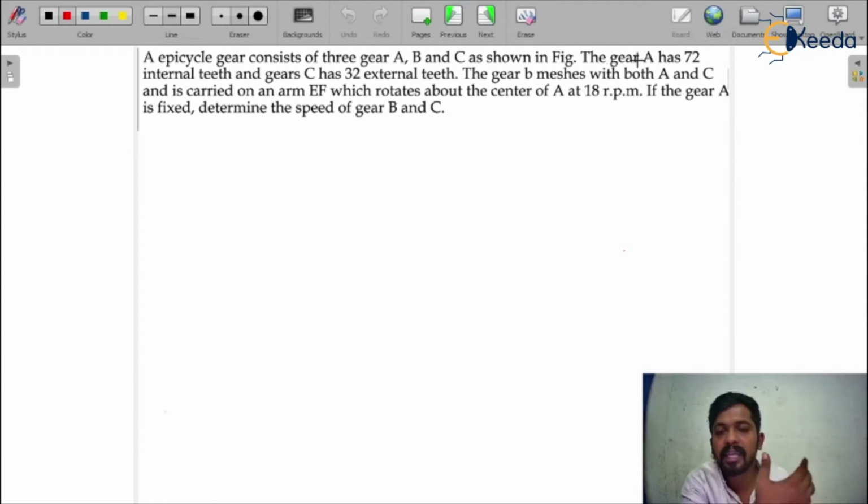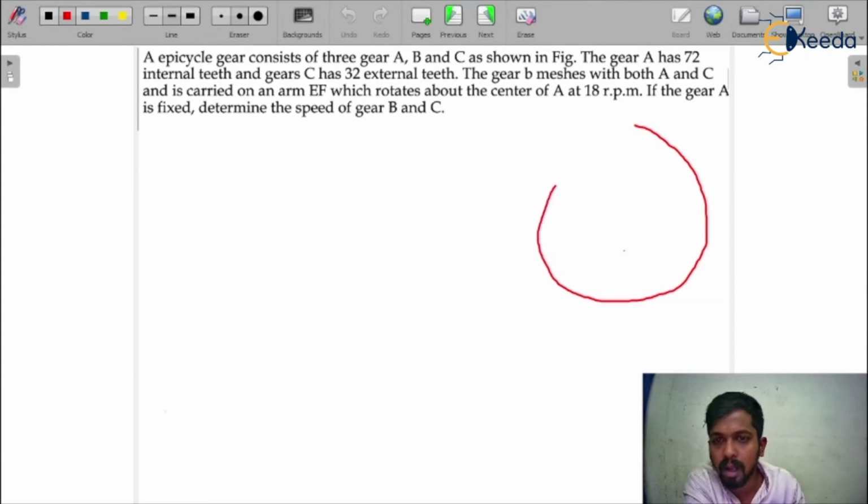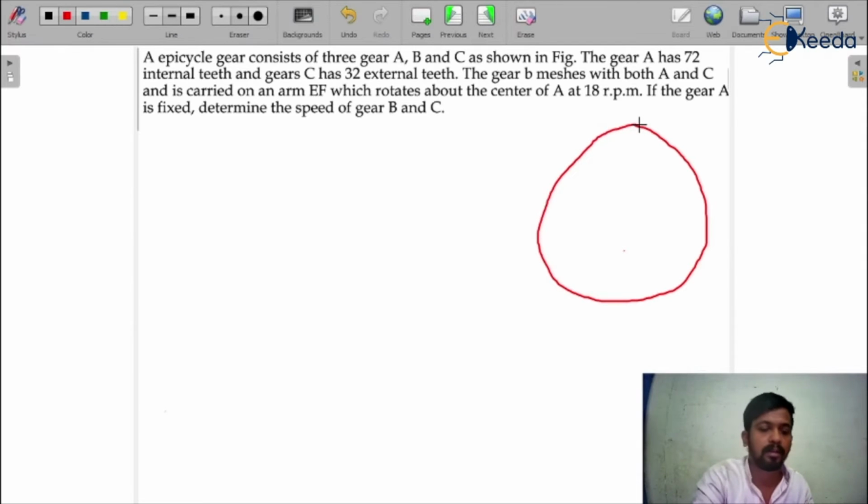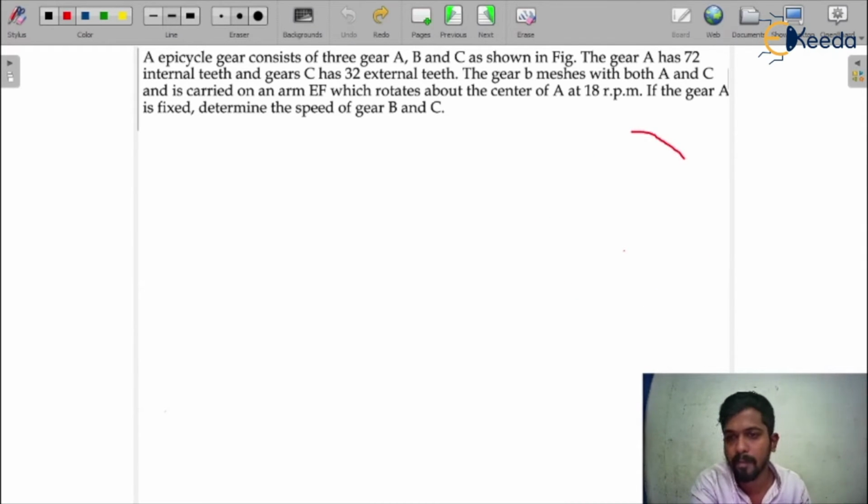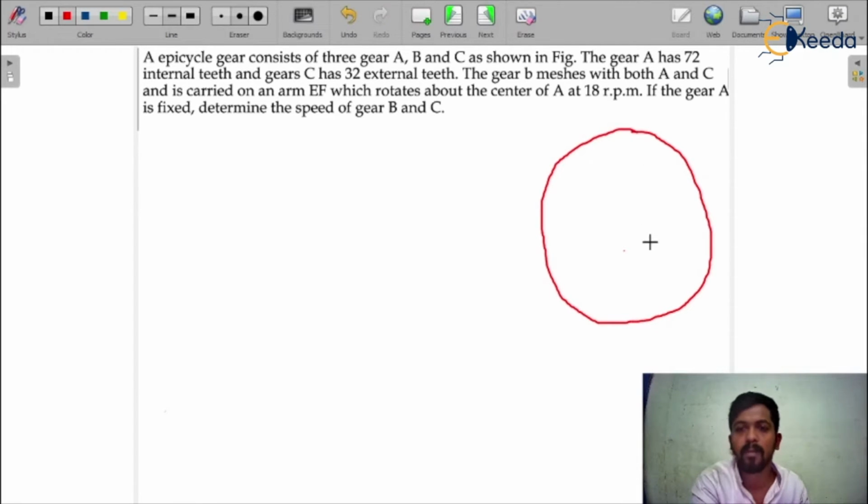If gear A has 72 internal teeth, it would be a ring gear or annulus. So I'm drawing the annulus here.